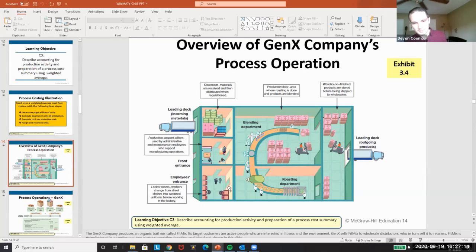This is where the employees might come in, there might be some controls in place to make sure they're safe. And then here we're making coffee. So we have our employees on the production floor building out the coffee in all the different departments. We have a roasting department, blending department, and packaging department. And then we have our warehousing here where then we ship out our goods.